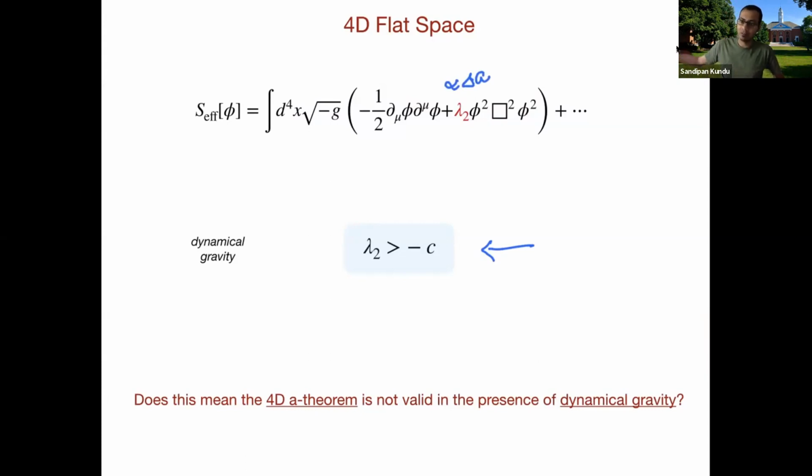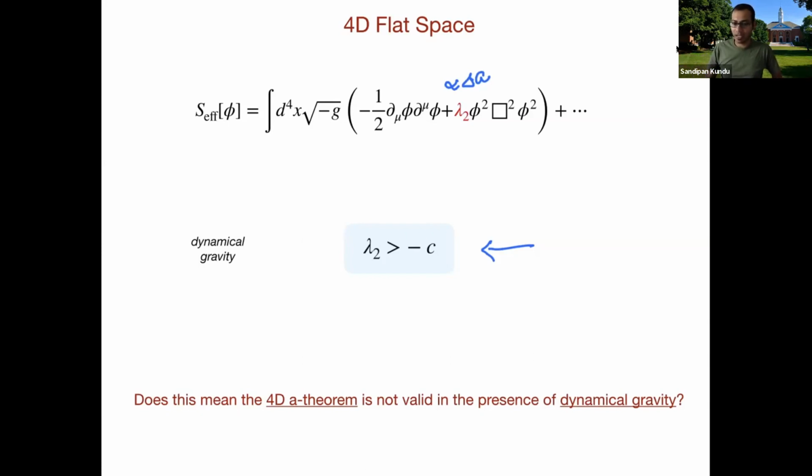But now I have gravitons hanging around. It looks like this bound is telling us that in that setup, the A theorem does not follow from this kind of argument.